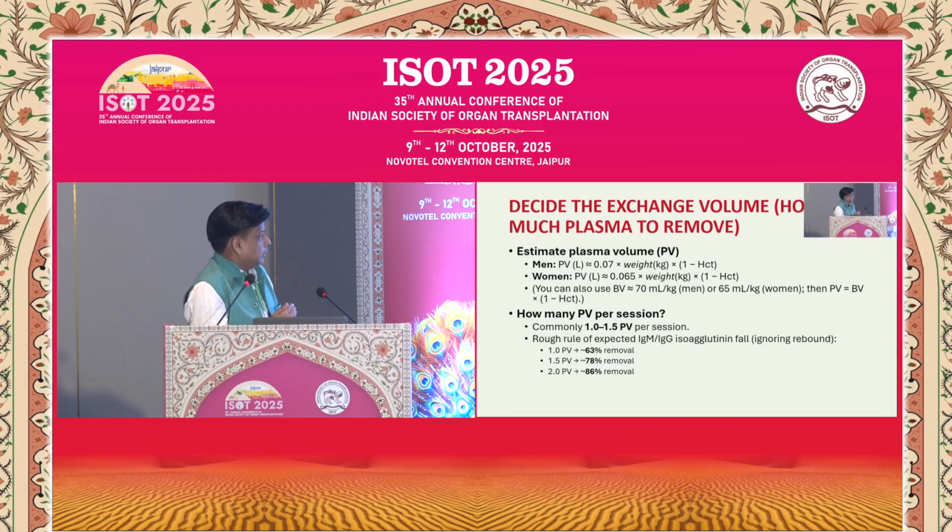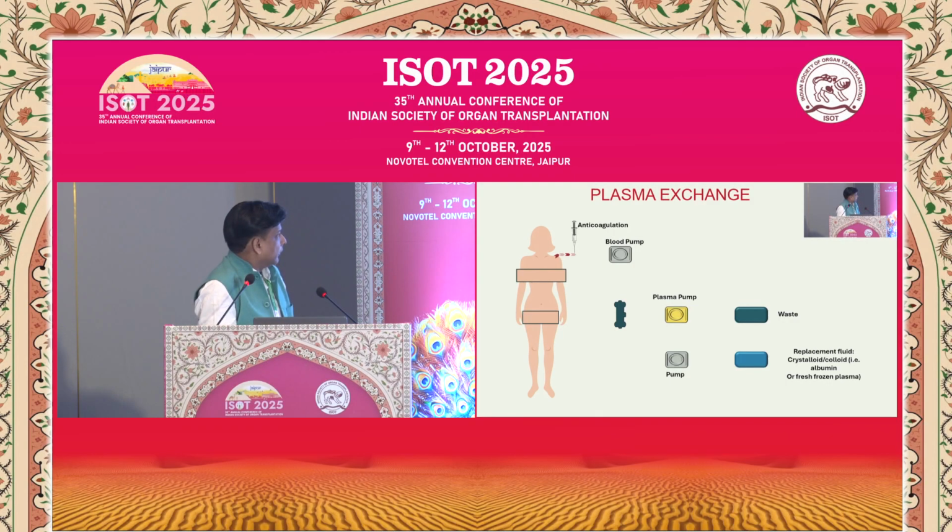How much plasma volume do you want to exchange? 1 to 1.5 per session. With 1 plasma volume you achieve 63% removal of the isoagglutinins, with 1.5 about 78%, and with 2 plasma volumes almost 86%.